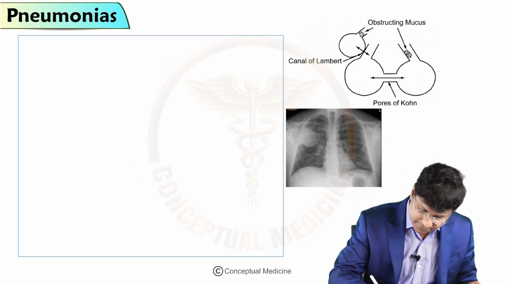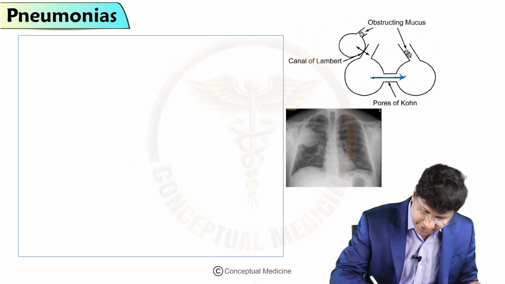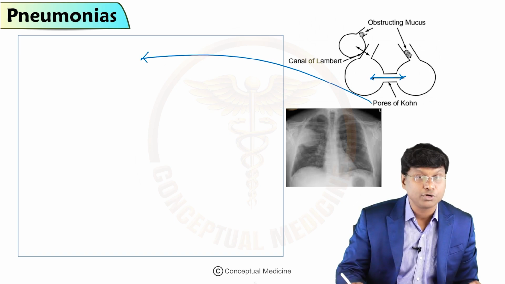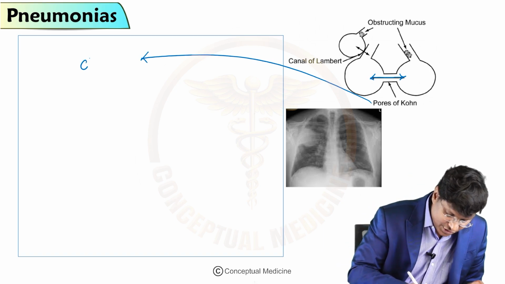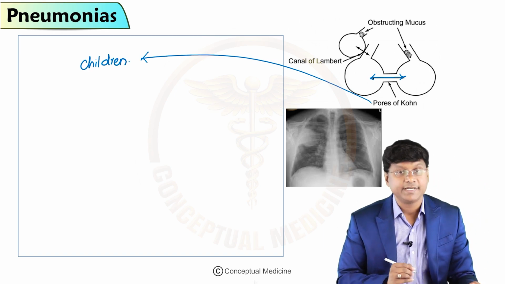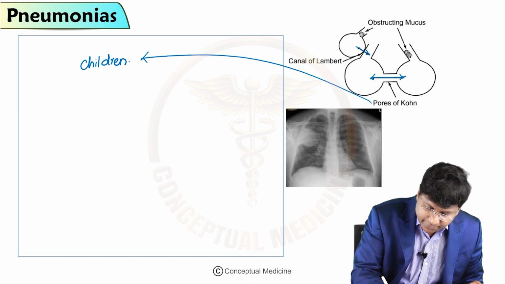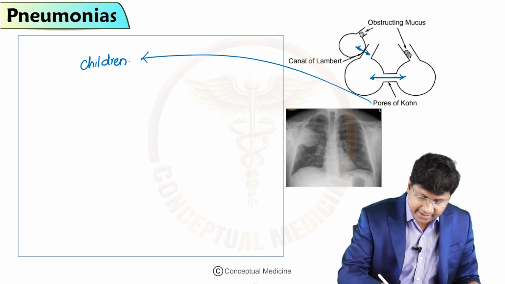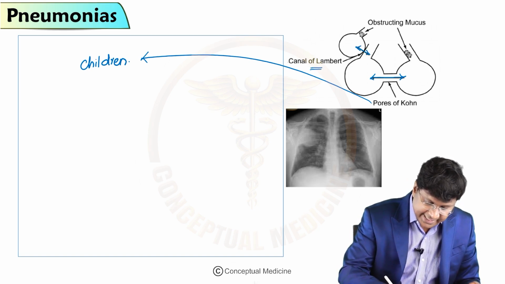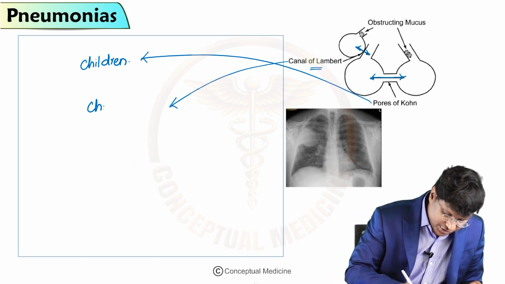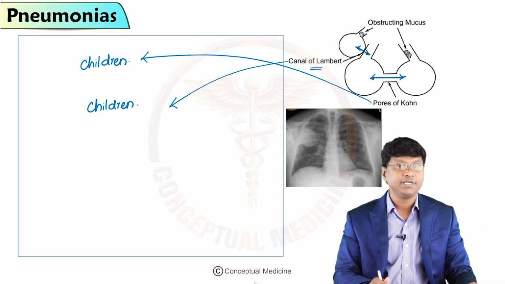You see here, this is the interalveolar communication. This interalveolar communication, that is pores of Kohn, is seen in children. And the collateral airway communication, that is canal of Lambert, is also seen in children.